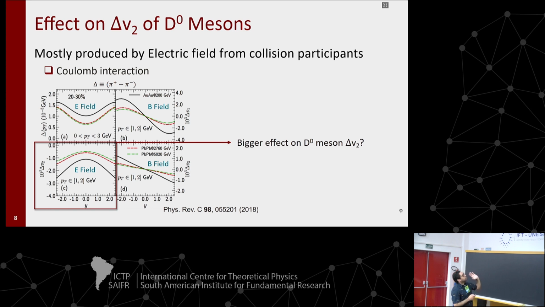Here is a plot for pions, but there is no calculation for D0s, but in principle we can expect, in the same way as happens with the V1, a higher magnitude for the D0, since the quark is produced in the primordial stage.